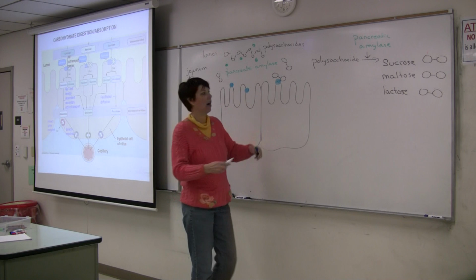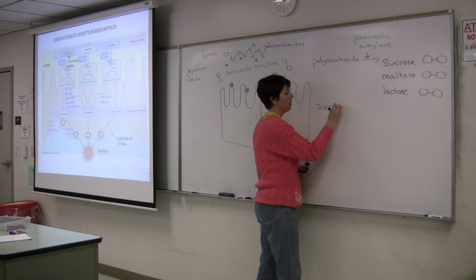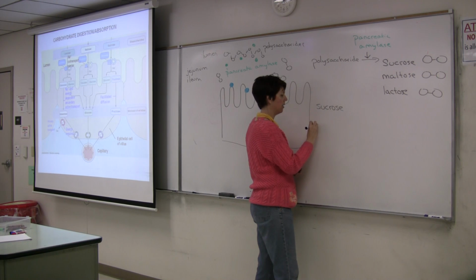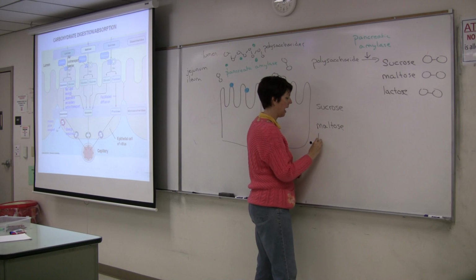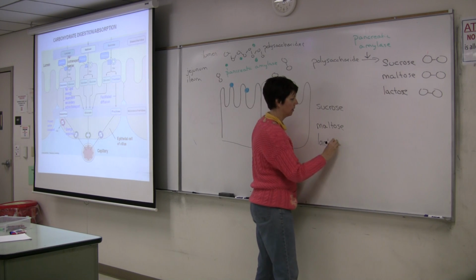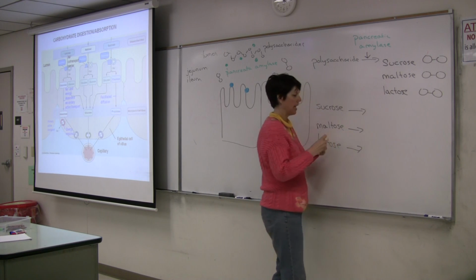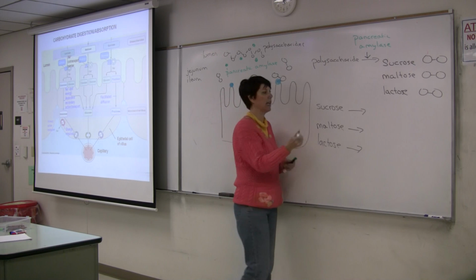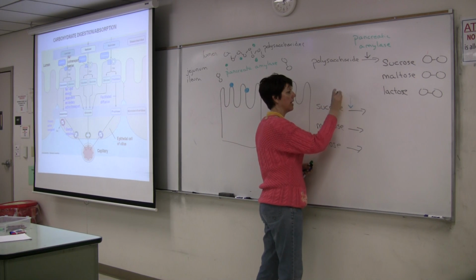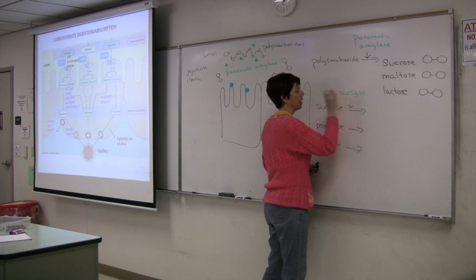So if we take our disaccharides sucrose and maltose and lactose, each of these has a specific enzyme that it will only interact with. So the enzyme that interacts with sucrose is sucrase.